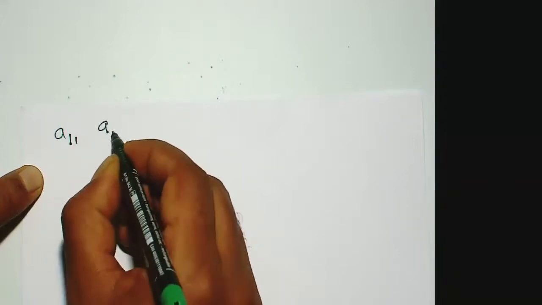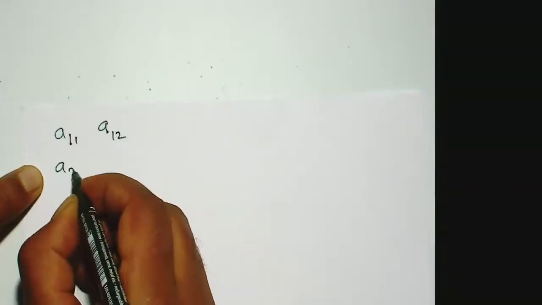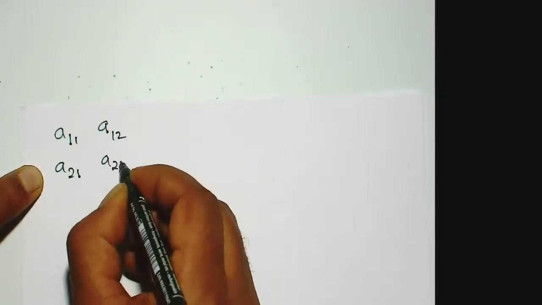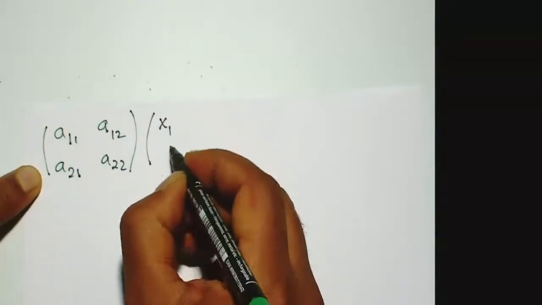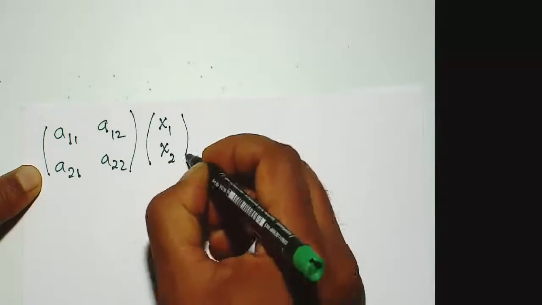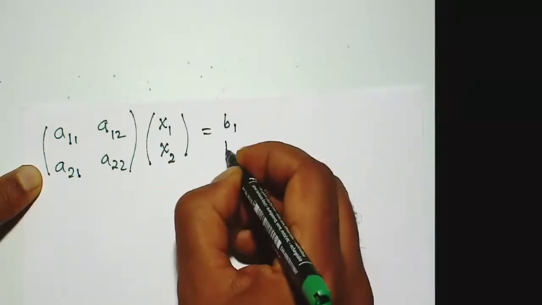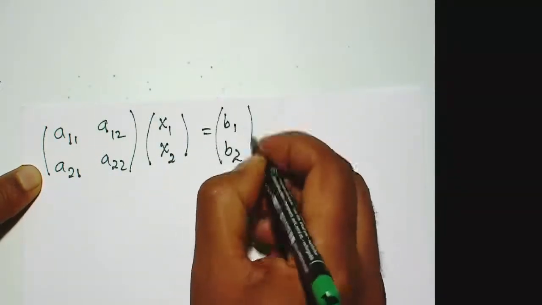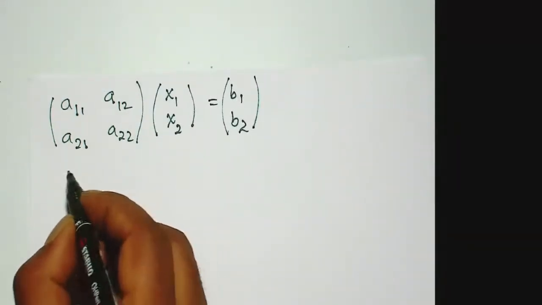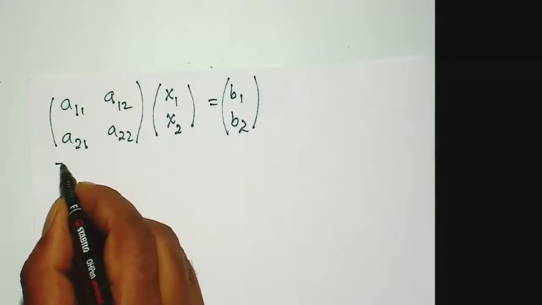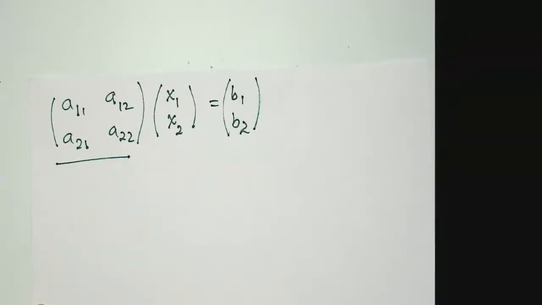We have just written our matrix representation of our equation by saying A11, A12, A21, A22 as a matrix multiplied by the vector matrix of x1 and x2 is equal to the B1, B2 matrix. So Cramer's rule says first it takes the determinant of our matrix A.